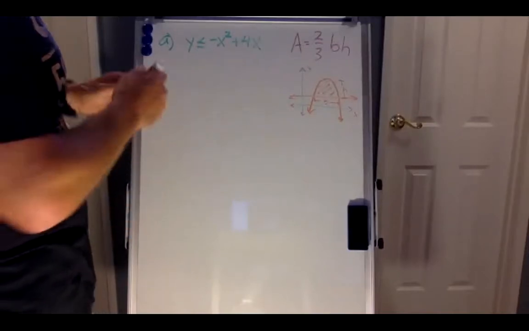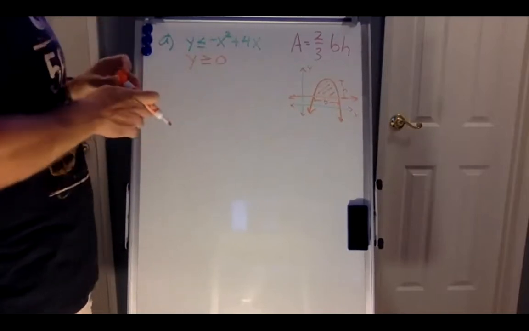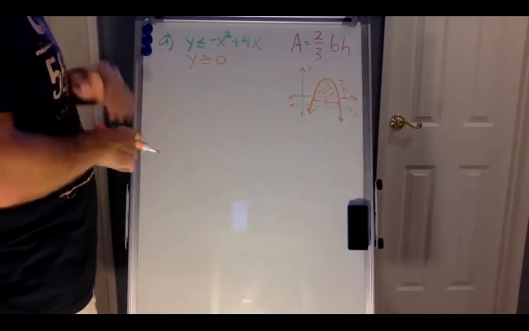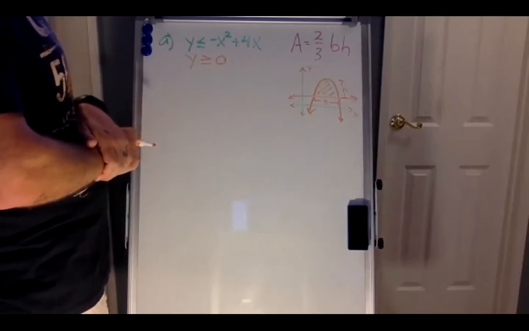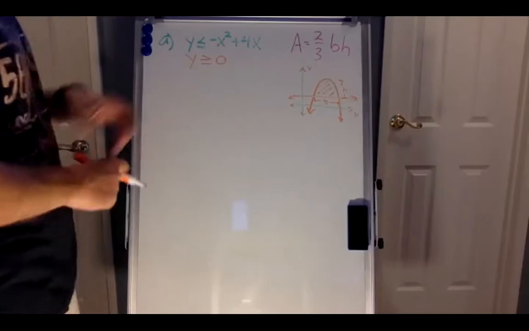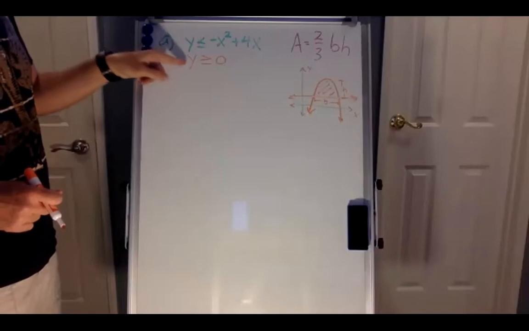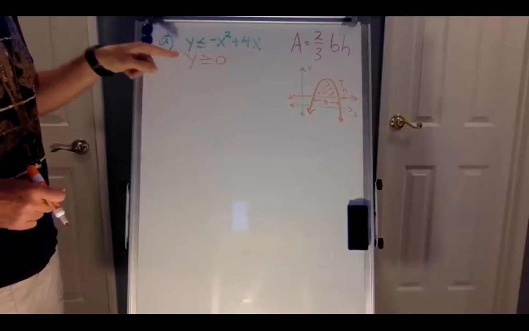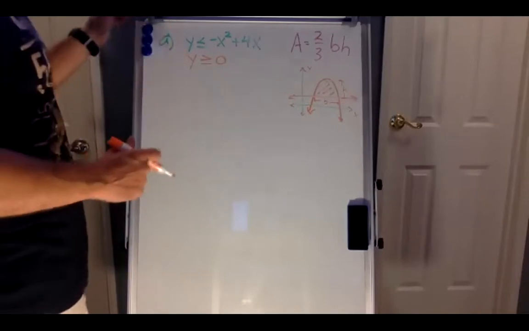Well, H is the y value of the vertex minus the y value of that line. This horizontal line is where, by the way? At the x-axis. This is the x-axis that they're referring to here, y being greater than or equal to 0.